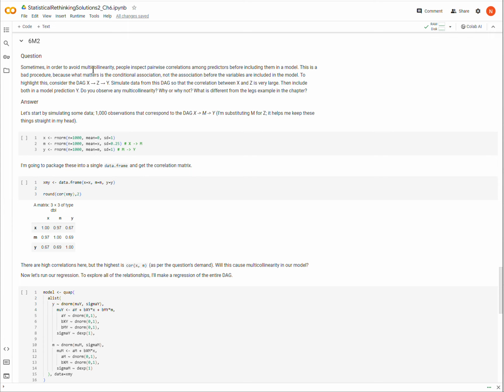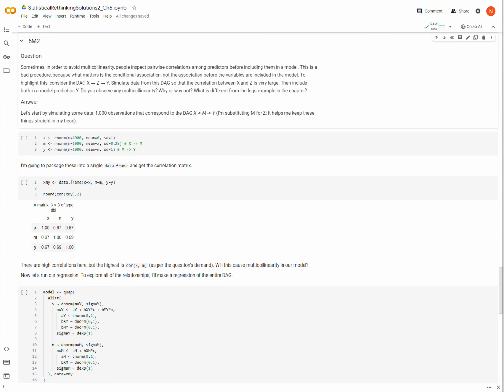Sometimes, in order to avoid multicollinearity, people inspect pairwise correlations among predictors before including them in the model. This is a bad procedure because what matters is the conditional association among the variables in the model, rather than mere association or correlation.